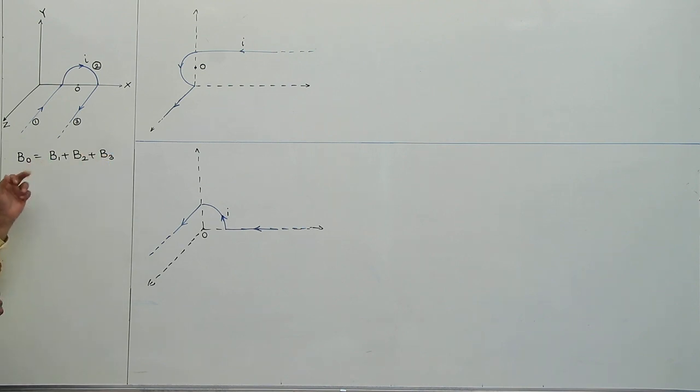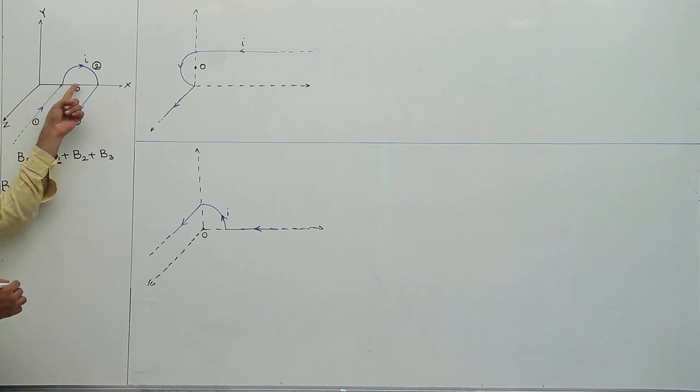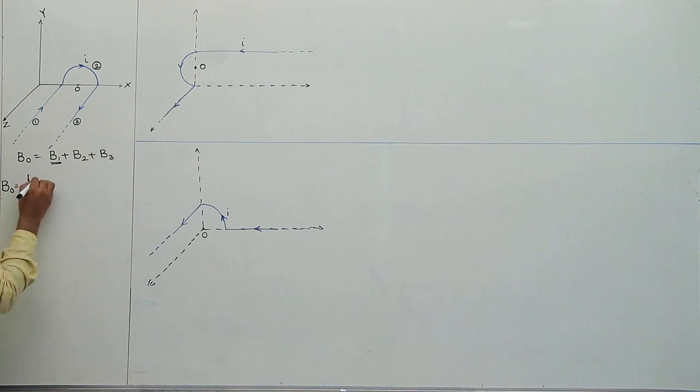So what is B1? Here the current is entering like this. So the field at this point, this is at one end of this straight infinitely long wire only. So at one end, what is B1? This is the magnetic field at one end of an infinitely long wire, which is given by mu naught I by 4 pi r into sin 0 plus sin 90.